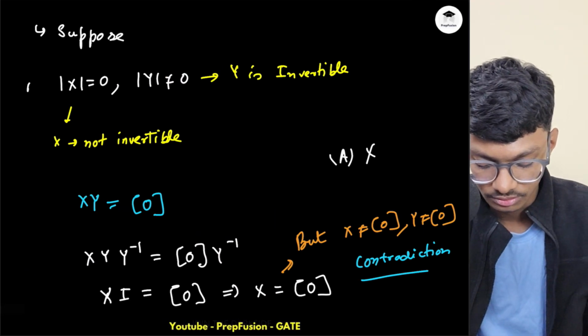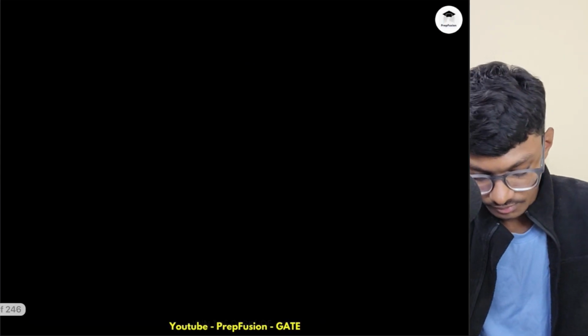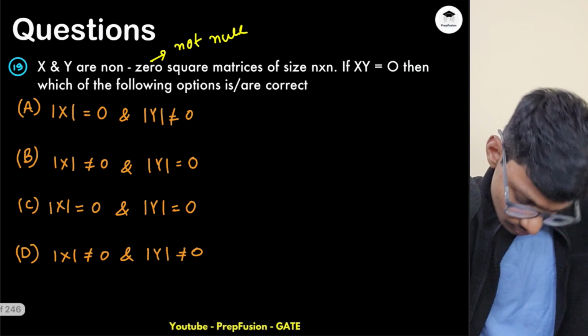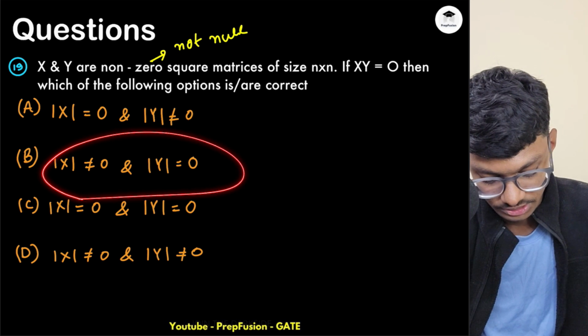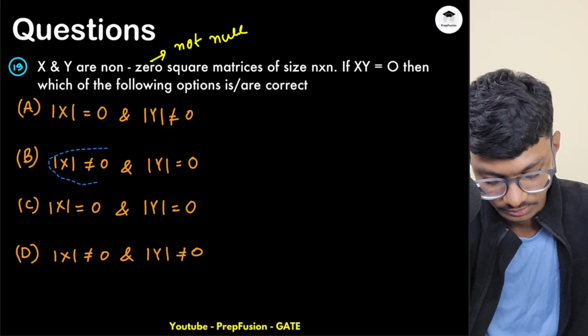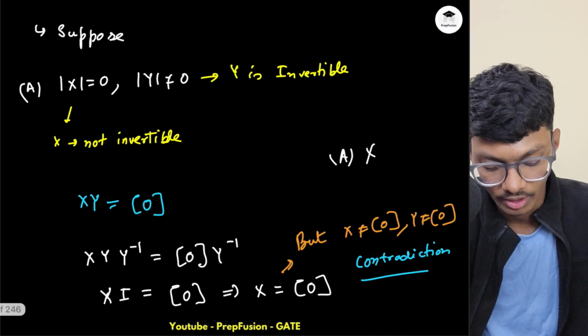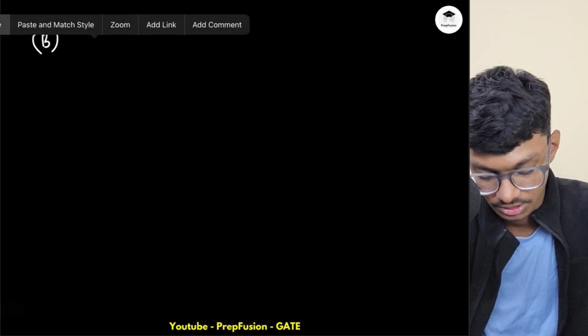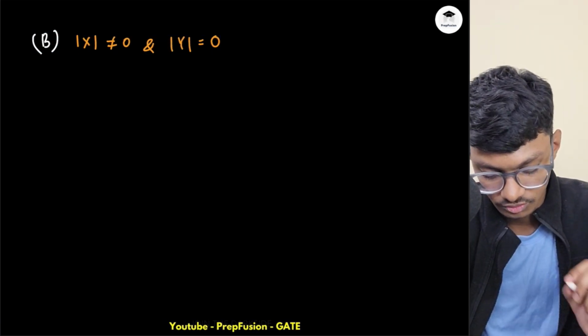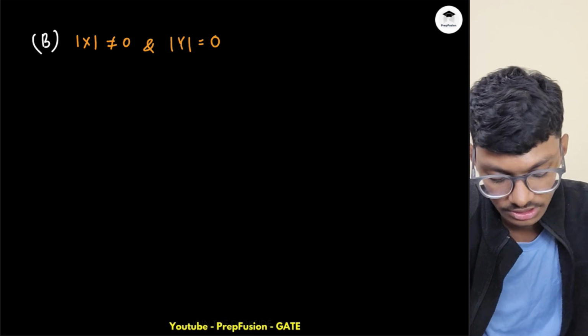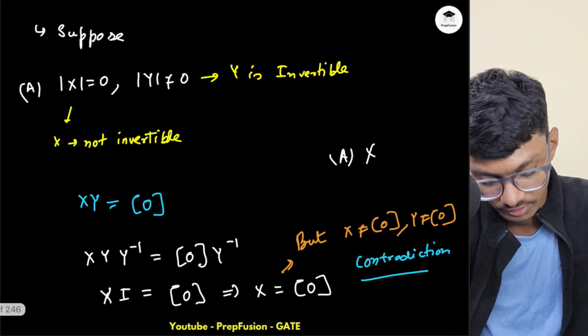So let's check for the b option. In b they are talking about one being 0 and one being non-zero. Again the same thing will happen, we'll see. This time y will be equal to the null matrix. So determinant of x is not equal to 0, determinant of y is equal to 0. That means one is invertible, one is not invertible.